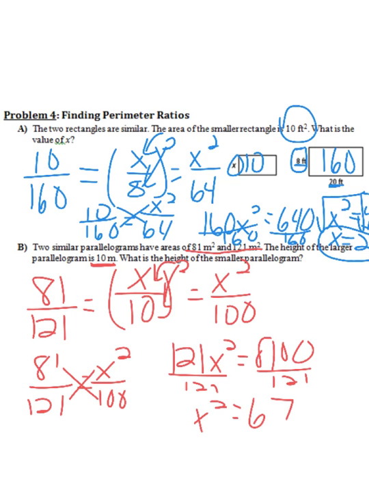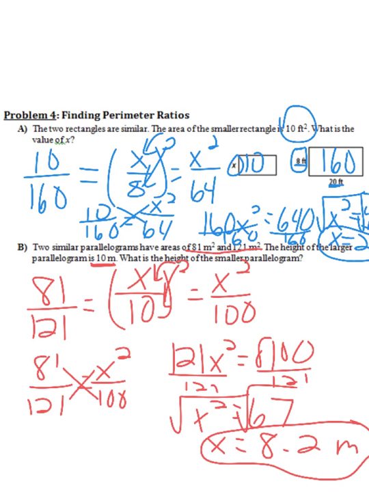We'll round that up to 67 for now. Square root both sides. And I'm going to get, again, I'm going to round here, 8.18181818, repeating forever and ever and ever. So I'm going to round that to 8.2 meters. That's going to be the height of my smaller parallelogram.